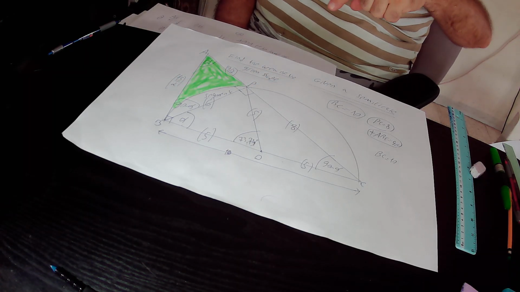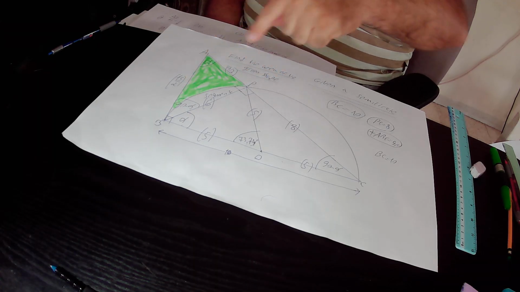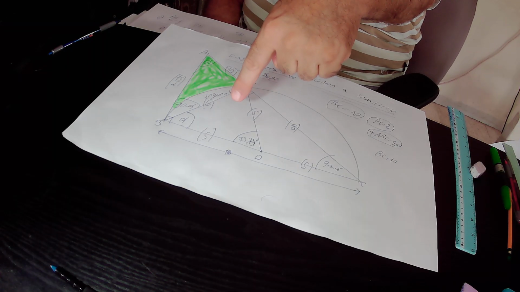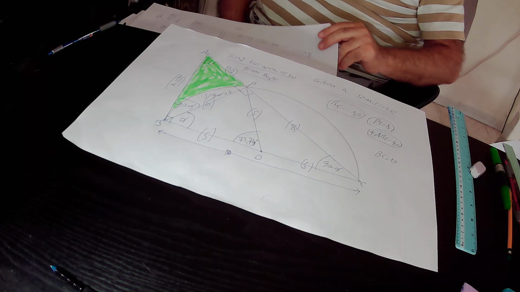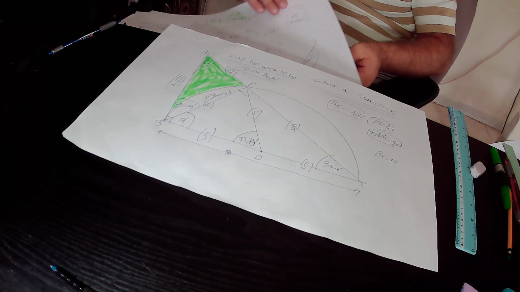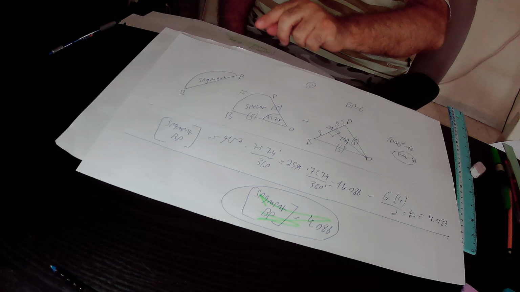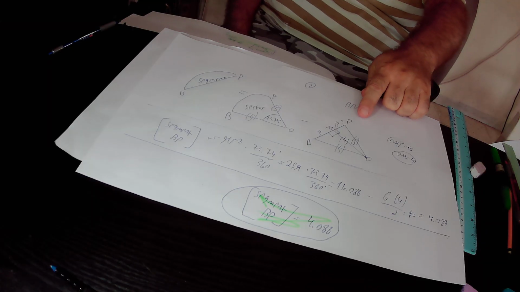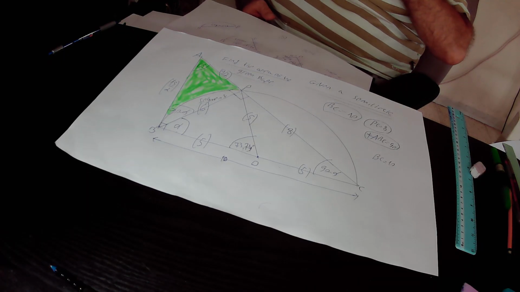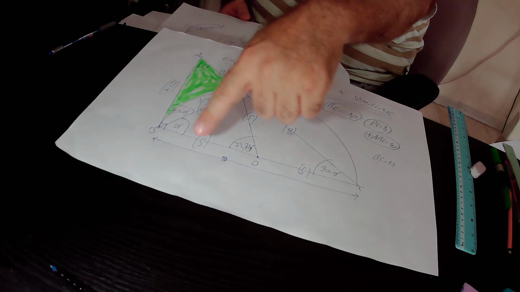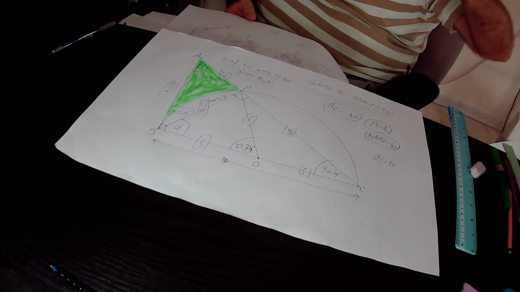It's very easy to see that the size of segment PB is equal to the size of sector POB minus the size of this triangle PBO.